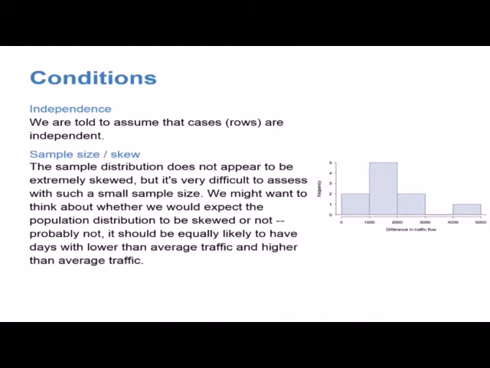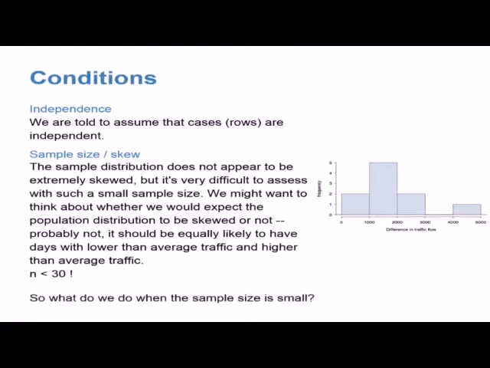Remember, we only have 10 observations going on here. We might want to think about whether we would expect the population distribution to be skewed or not. And the answer is probably not. It should be equally likely to have days with lower than average traffic and days that have higher than average traffic. But the biggest issue is our sample size is less than 30.